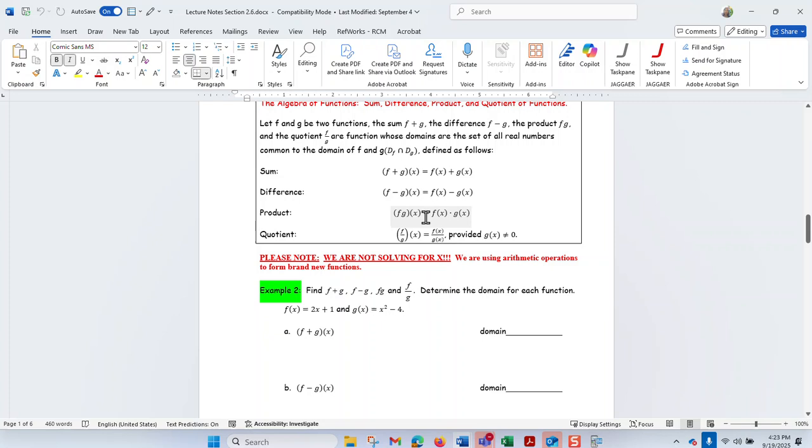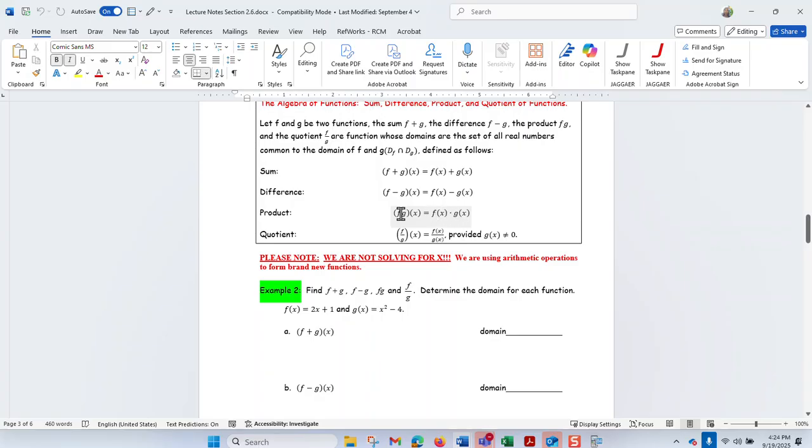Let me see if we have any notes. The algebra operation here: if you have f plus g, you can just add the two functions together. And when you have f minus g of x, this is the first one minus the second one. But make sure when you subtract the second one, you have a parenthesis, because the second one might have more than one item. So be very careful. When you multiply, you can use the solid dot, which means multiply.